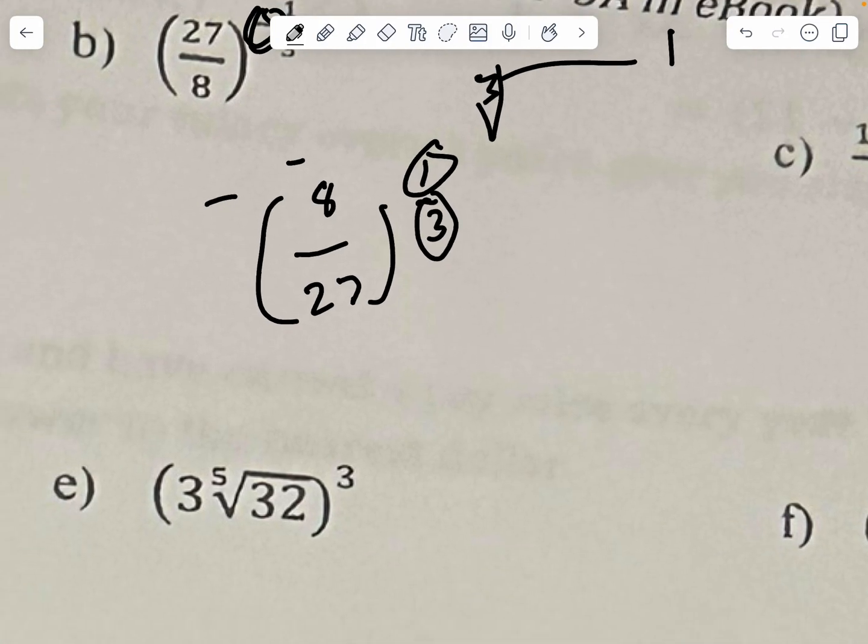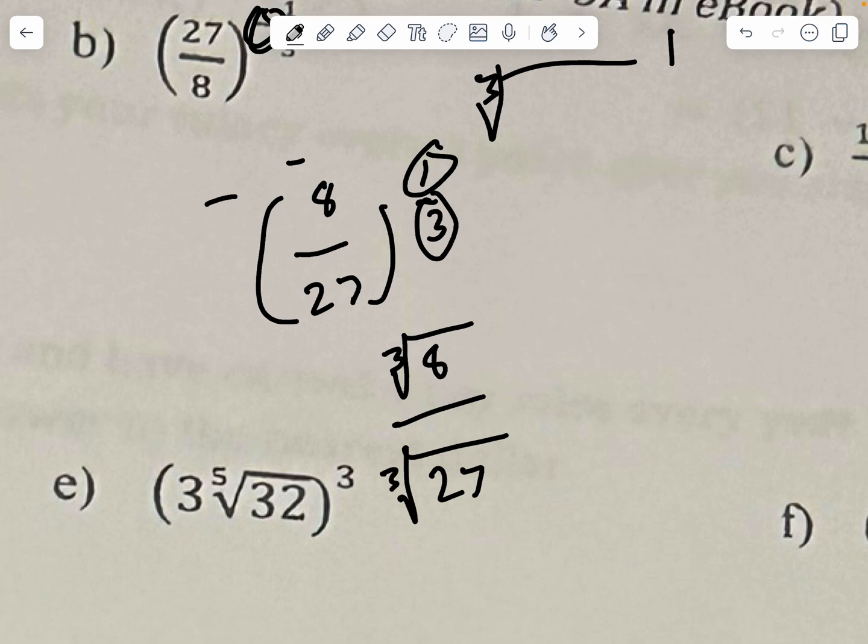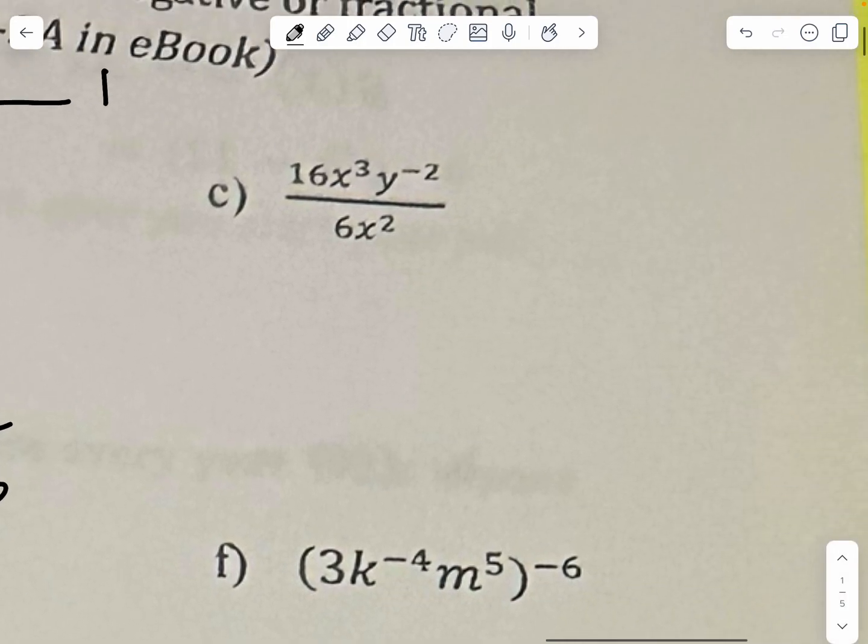So we're going to do 8 third root over 27 third root. So it's going to be 2 over 3 for the answer.